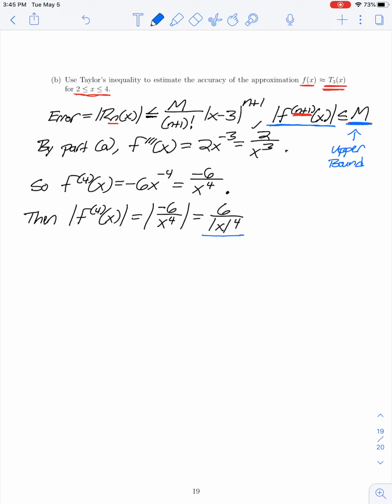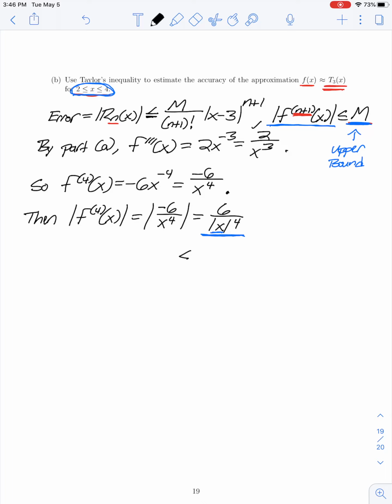So to maximize this expression, 6 over the absolute value of x to the fourth, we want to make x as small as possible. To maximize the value of a fraction, we want our denominator to be as small as possible. Now, the smallest value of x that we have on the interval that we're considering is x equals 2.